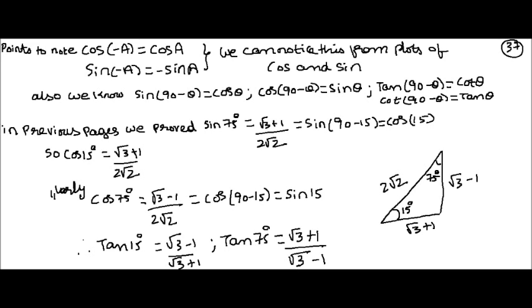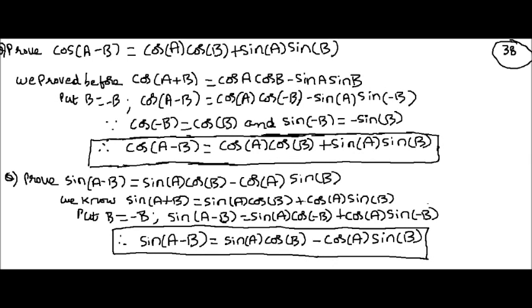Similarly, tan 15 is tan of 90 minus 75, which is cot 75, and similarly we have tan 75, which is root 3 plus 1 by root 3 minus 1.